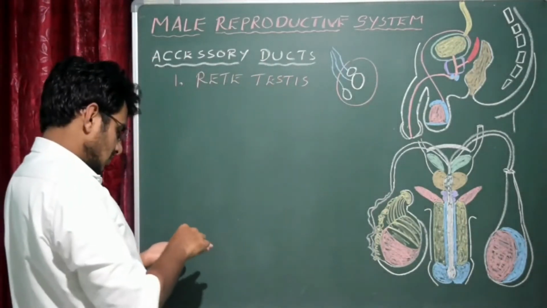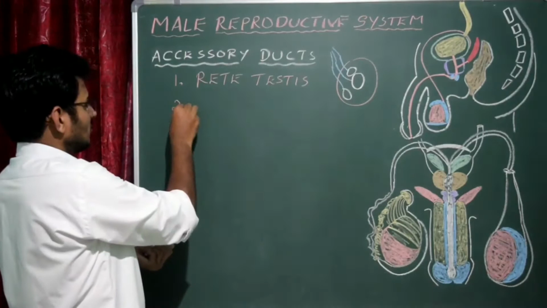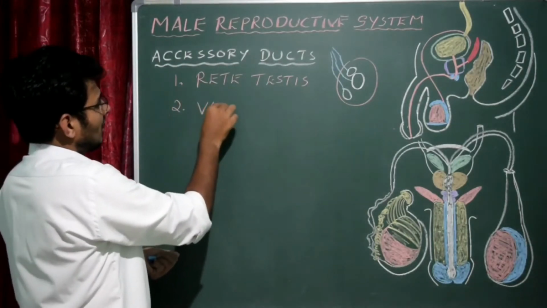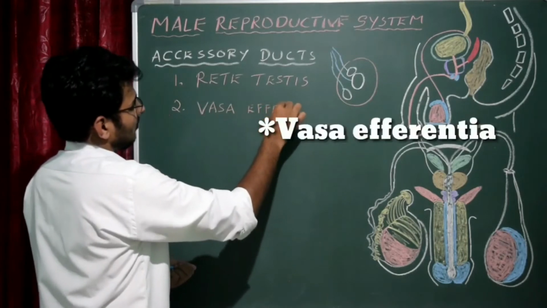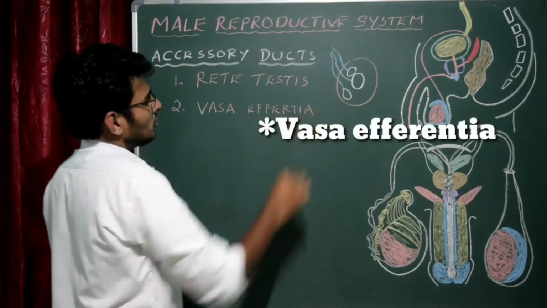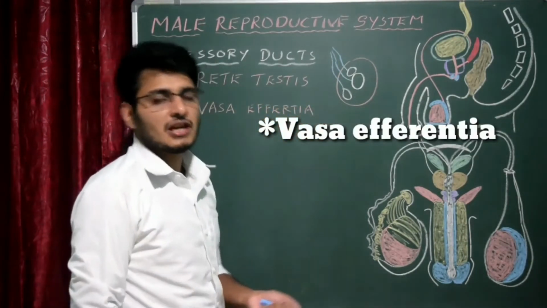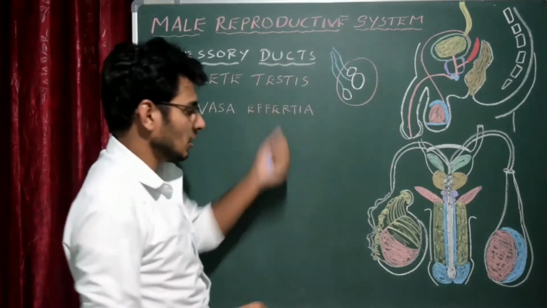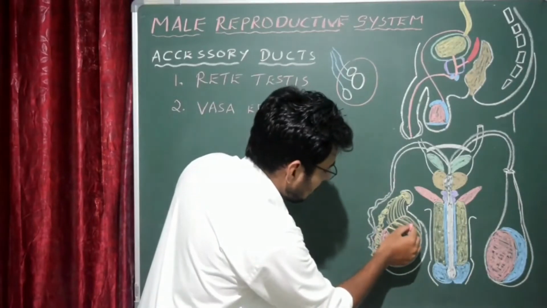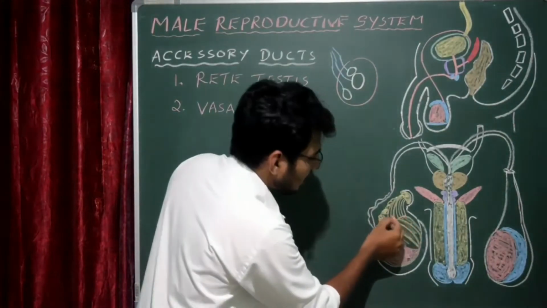Then we write the second pipe system, which is called the vasa efferentia. Normally students get confused between the vasa efferentia and vas deferens. I'll talk about it. The second pipe system is the vasa efferentia. Here you could see that all the rete testis now comes out of the testis.